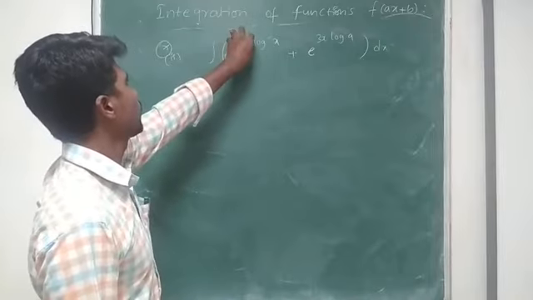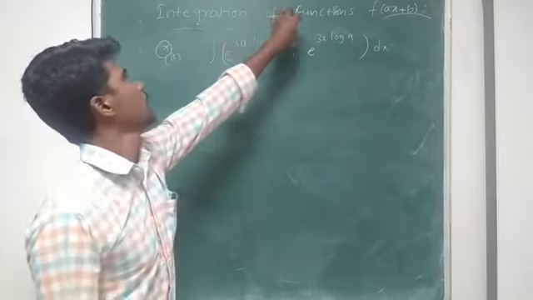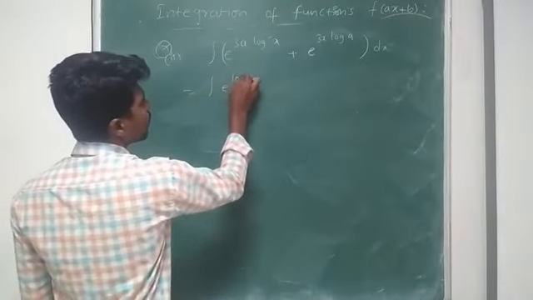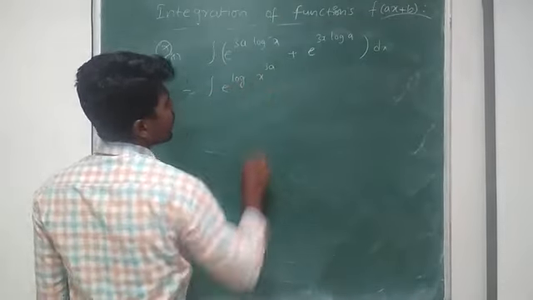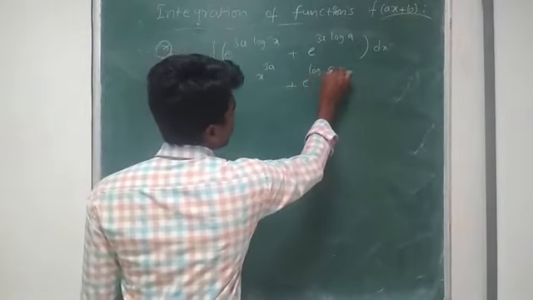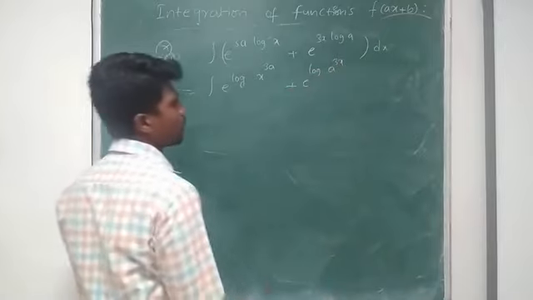First, whatever we have here, transfer it to the power of x. Then I get integral e power log x to the power of 3a plus e power log a to the power of 3x dx.